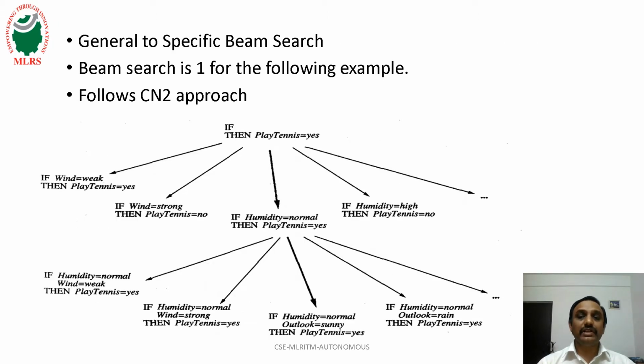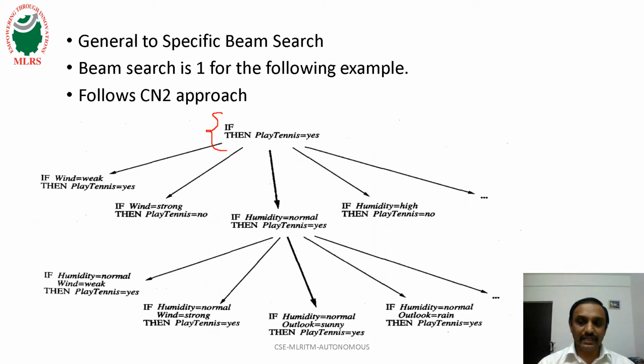In the sequential covering algorithm, we follow a general to specific beam search. So what is this general to specific beam search? Here we take the most general case as the root node.